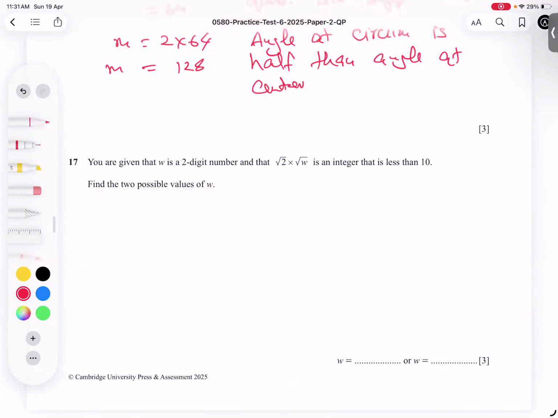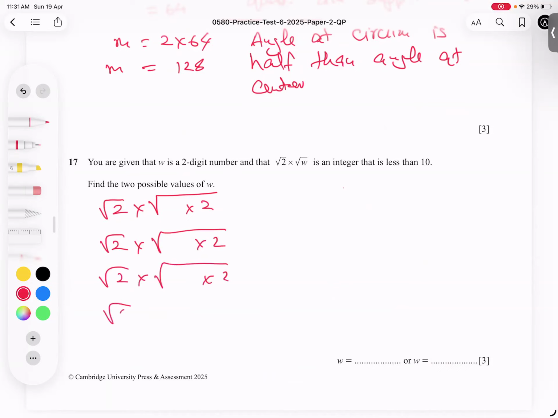For example, root 2 multiplied by something. I have some options, and I take them one by one. Root 2 into what is a possibility? 2 is confirmed to come. So root 2 times 2, 2 will come for sure.